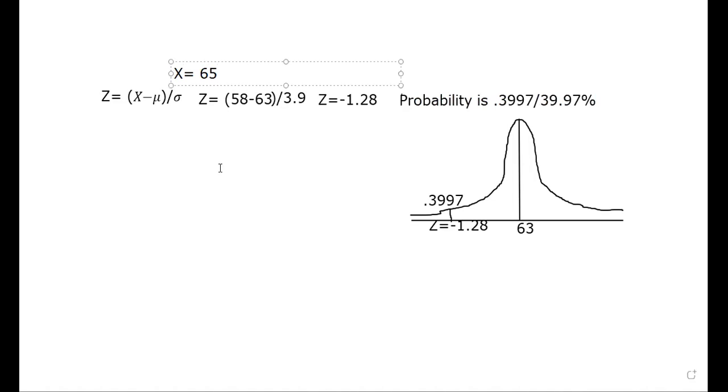So the z-score will be 65 minus 60 divided by 3.9, which is 1.28, and the table value is 0.3997 for this. Since it is the right side, we now look at the z-score value.